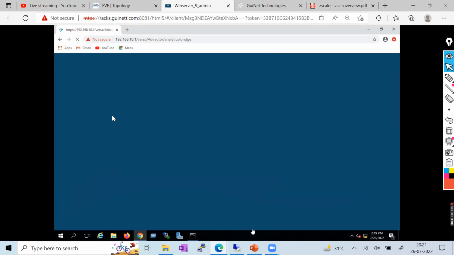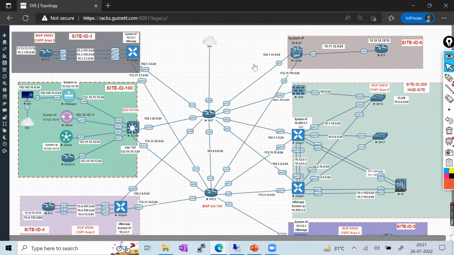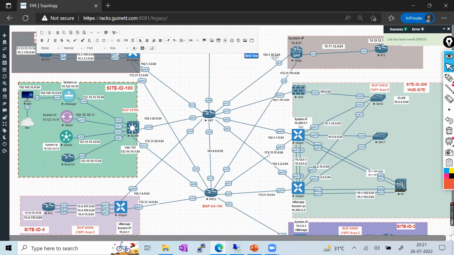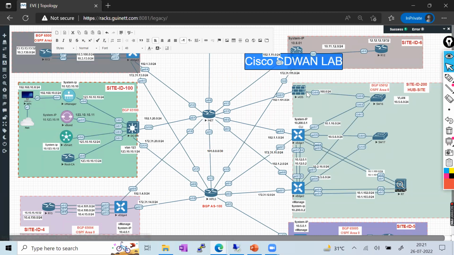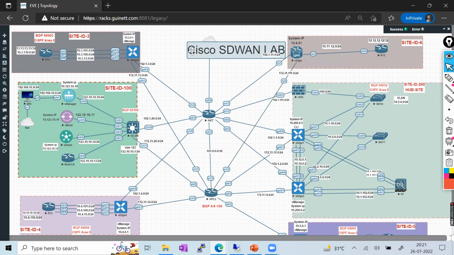Meanwhile, let me show you another solution. This is the Cisco SD-WAN solution, a Cisco SD-WAN lab, right? Let me make it bigger.